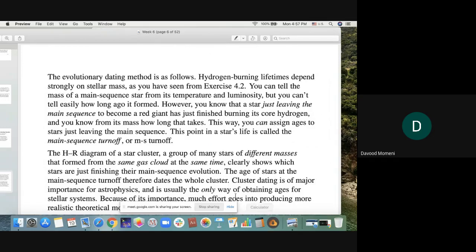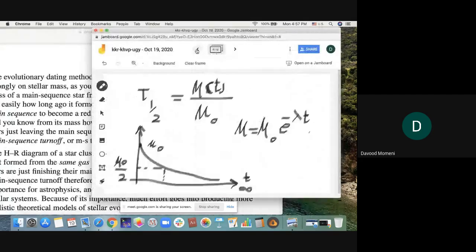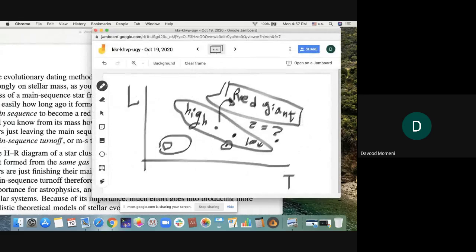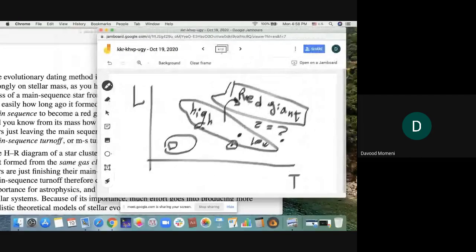So again, if you go to this Hertzsprung-Russell diagram I plotted for you here, and you want to tell me how much time tau, you can say that this is when the star turns to here, when the hydrogen burning process is finished.